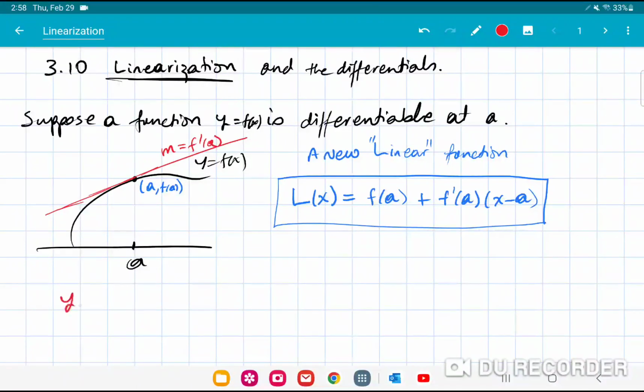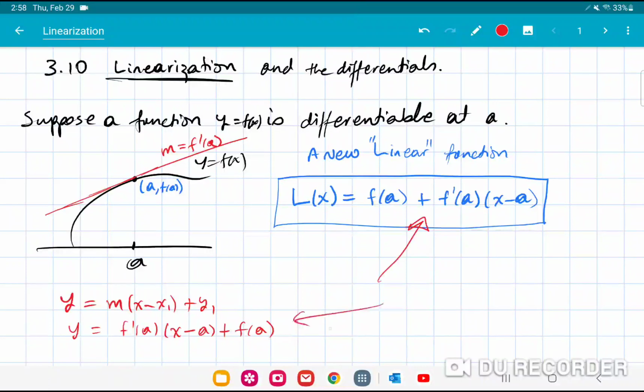So if we do y equals m times x minus x1 plus y1, then y equals f prime of a times x minus x1, which is a, plus y1, which is f of a. So basically what we have done here is simply rewrote this.